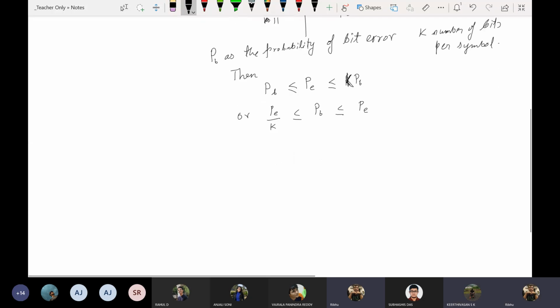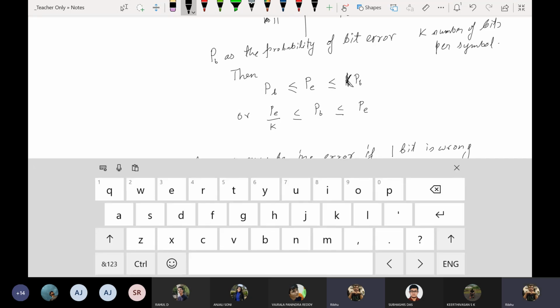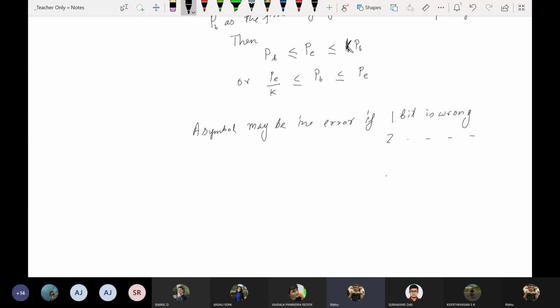So in a symbol, what might happen is that a symbol may be in error if one bit is wrong, two bits are wrong, up to all the bits. Any of these cases you will have a symbol error.